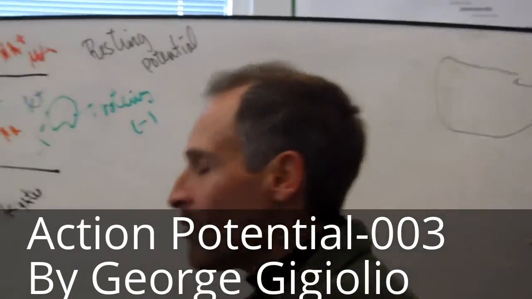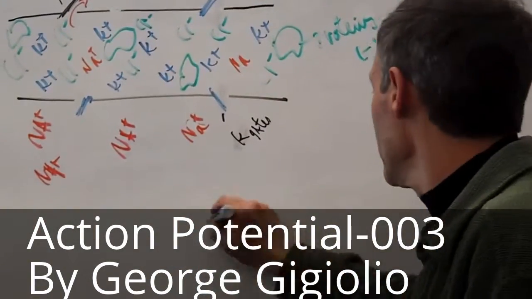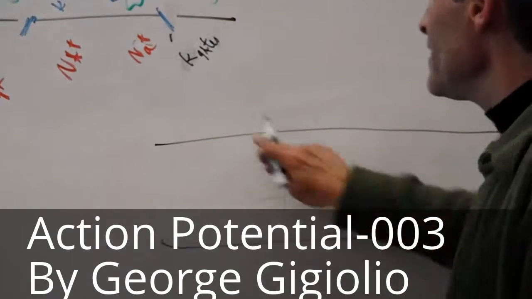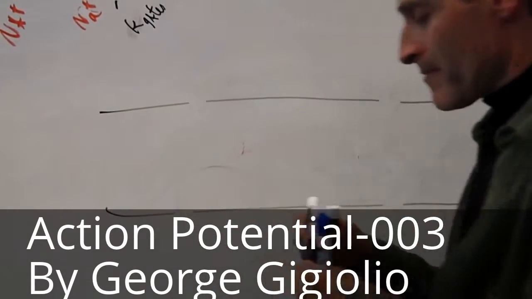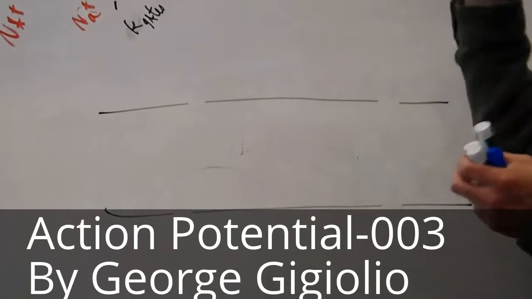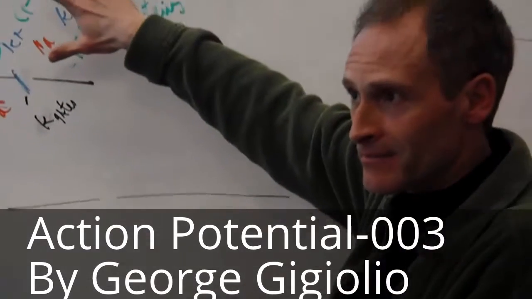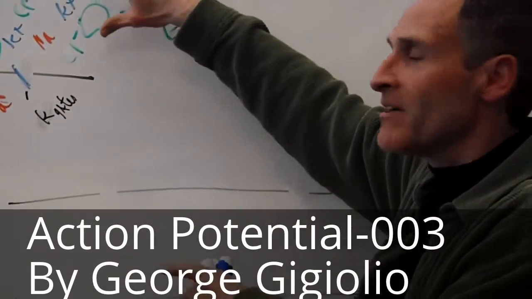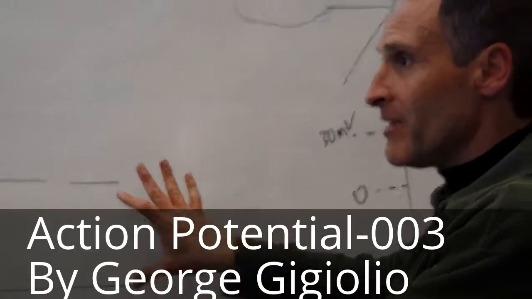So what we're going to do is draw this whole thing over here, and then erase the little doors. I'm only going to abbreviate this. I'm not going to draw everything, but understand they're still here. I'm only drawing the difference between this resting potential and the start of this impulse.